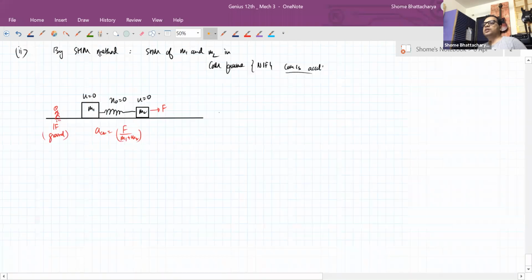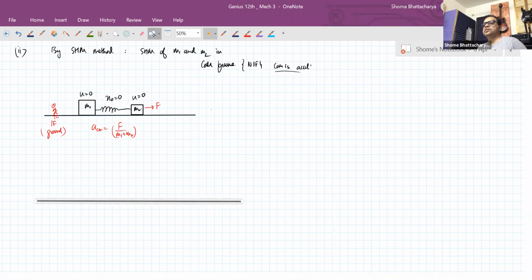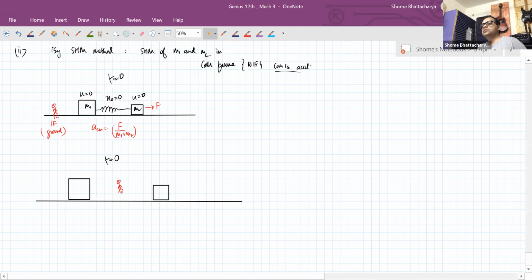So what is the person in center of mass frame seeing? Let's understand that. So just make a bit of a magnified diagram of this. This is at t equal to 0. Now this is also at t equal to 0. Now we are in the center of mass frame.